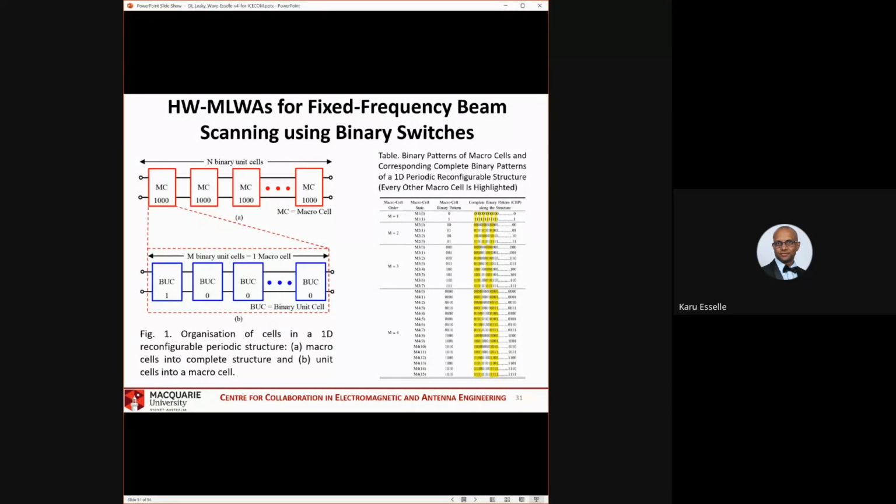And that is massive, and analyzing all of them is ridiculously complicated, but also not necessary because some of these have very similar performance as an antenna.